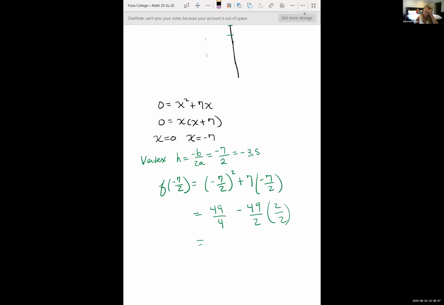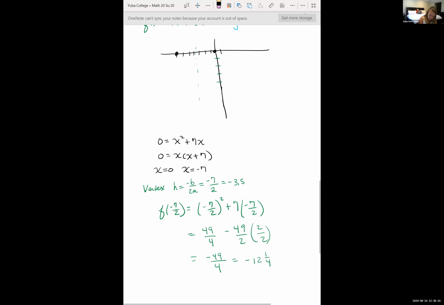Common denominator, so 49/4 minus 98/4, that's going to give me -49/4. So it's -12.25. Okay, so 1, 2, 3, 4, 5, 6, 7, 8.